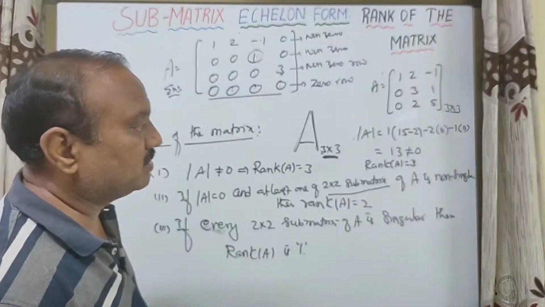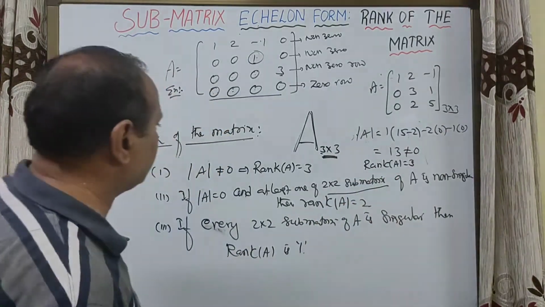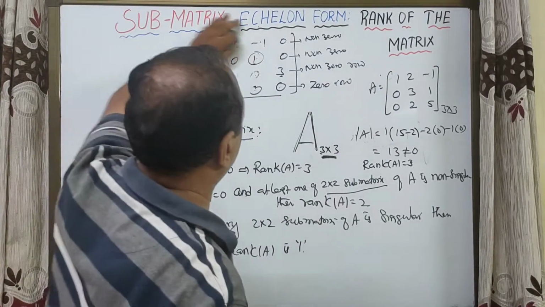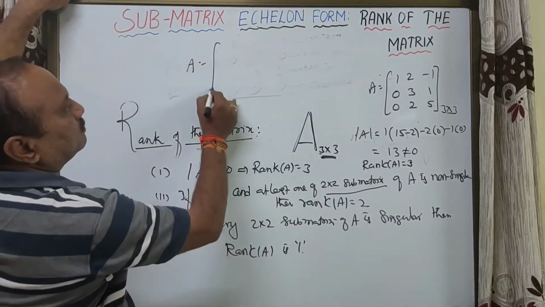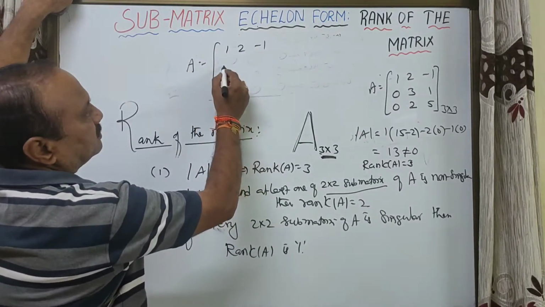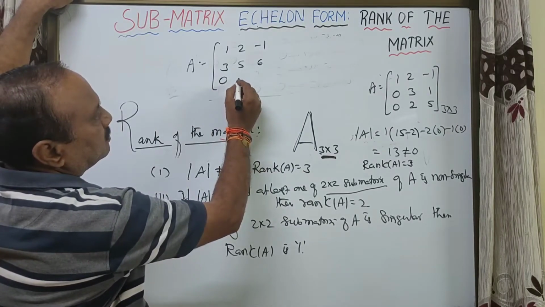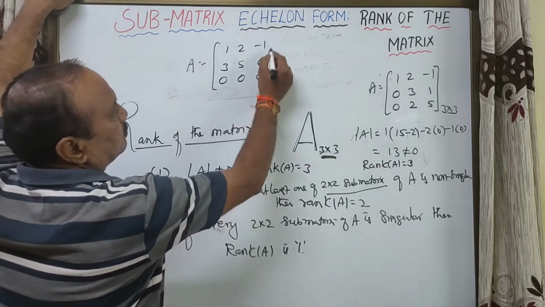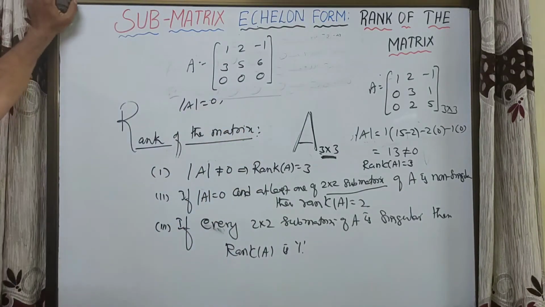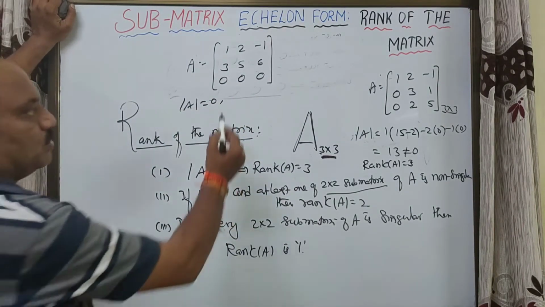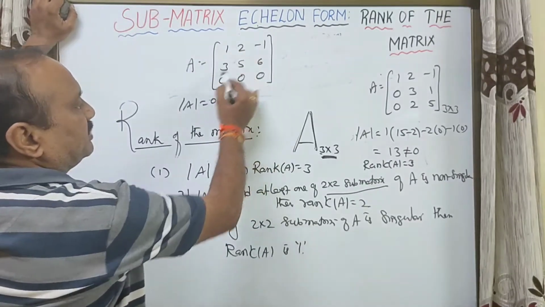For example, det A equals 0, you take a 2 by 2 matrix. Let us take this example. A equals 1 2 minus 1, 3 5 6, 0 0 0. Its det A equals 0, students. If in a row every element is 0, or a column, its determinant value is 0.